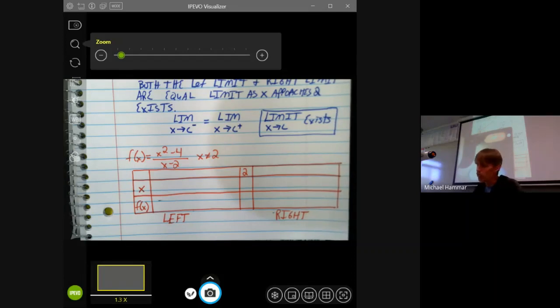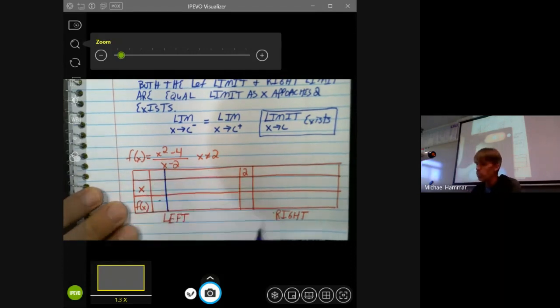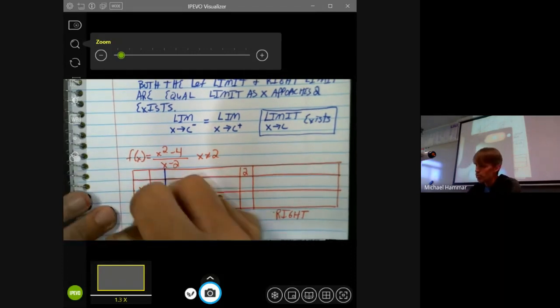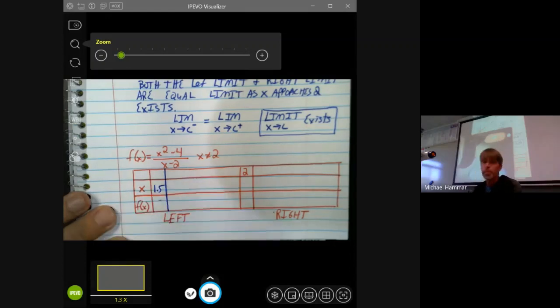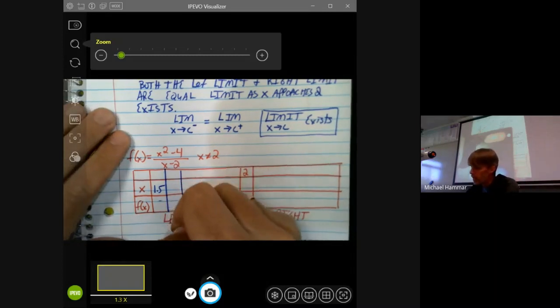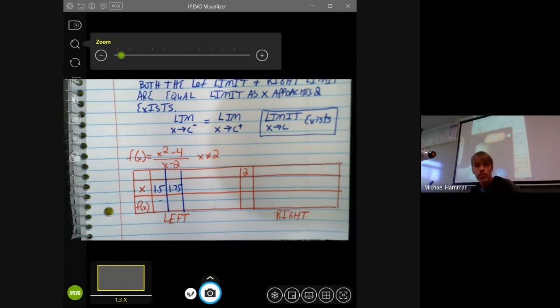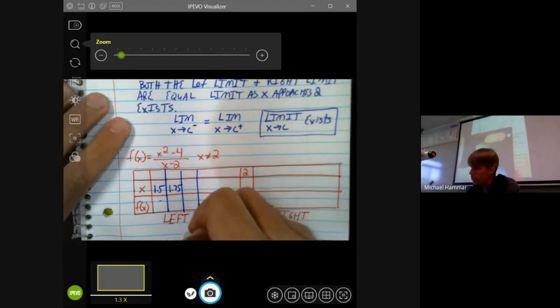So let's approach it from the left. We're going to start picking some x values that get closer to 2. So I'm going to start with 1.5. Then I'm going to go to 1.75. Notice I'm inching closer and closer to 2.